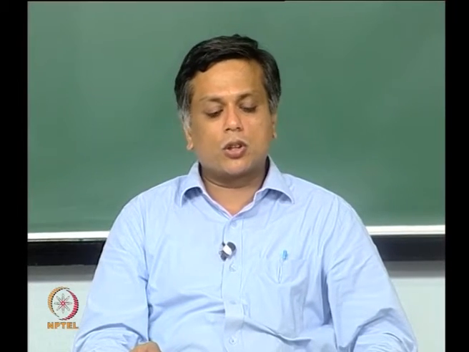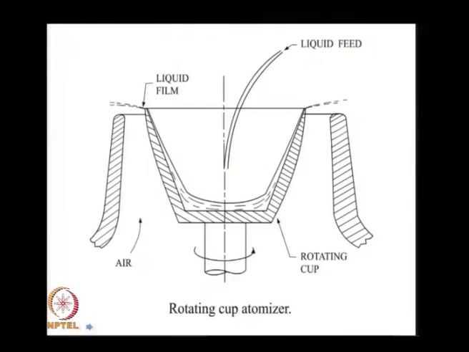Another mechanical design where the source of energy is mechanical in nature is what is called a rotating cup atomizer. Okay, we will look at this design. Essentially, if you imagine a spinning cup, the spinning cup has a liquid feed.